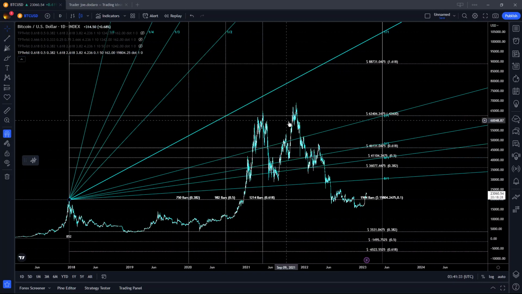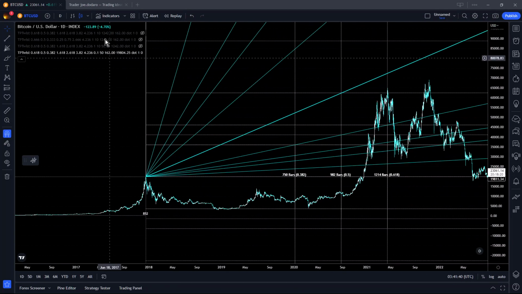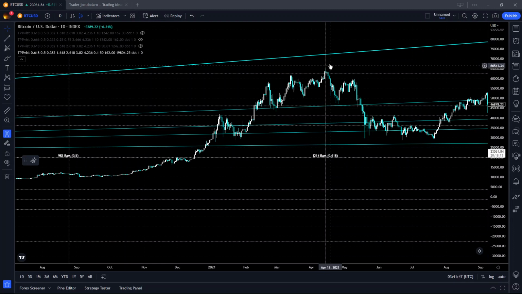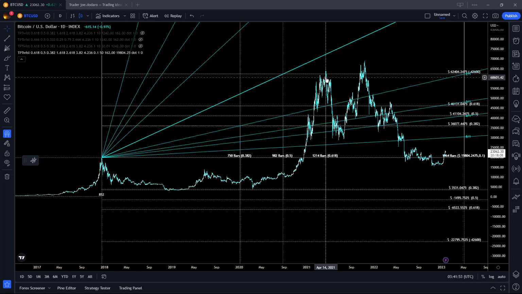And we can see that from this low and this high extended forward, on April 14th, 2021, we had basically a perfect time and price square, in the sense that it hit the level of the top of the first box, which we now know is the 50% level set to the 1 by 2, the 0.5 or the 50% level.